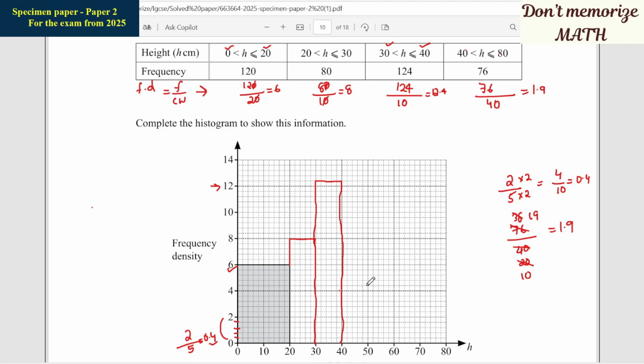So we just need 1.9, so just draw just below 2, from 40 to 80, because the height range is given 40 to 80. Okay, use ruler, don't draw like this, use ruler and pencil and draw a straight line just below 2.